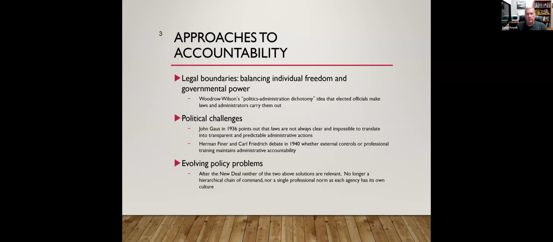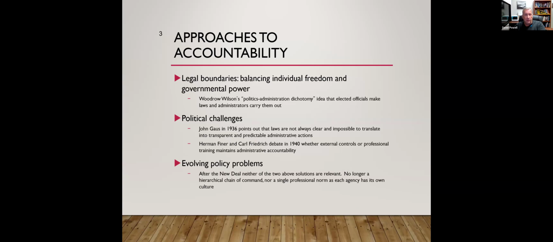What it means for accountability is that whenever you are able to separate politics from administration, you are drawing a clear dividing line between what politicians should be doing and what bureaucrats should be doing. Politicians operating in the political world have the primary responsibility for crafting policies and passing laws.